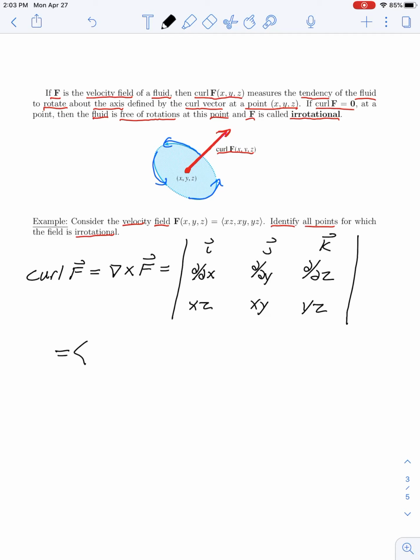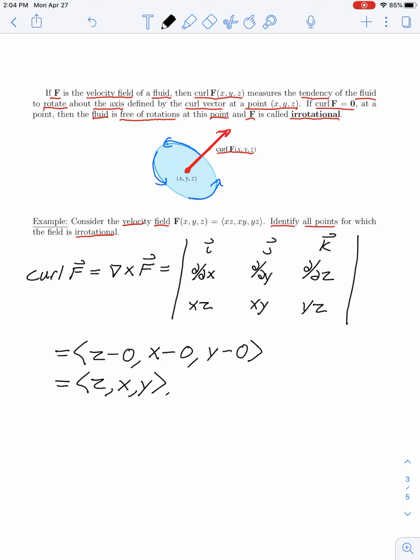Our i component would be given by z minus 0, so just z. Our j component would be given by x minus 0, so just x. And our k component is given by y minus 0. So after simplifying here, we had just z, x, and y for our curl vector.